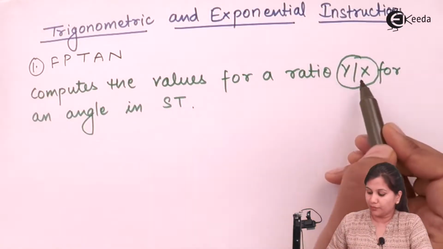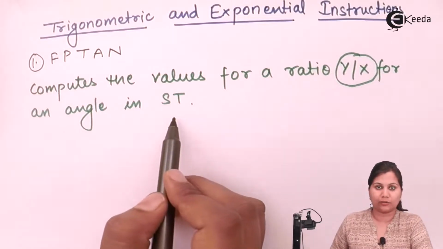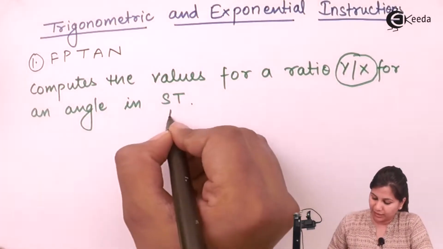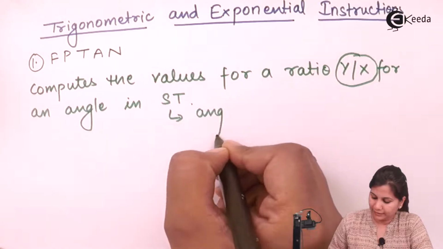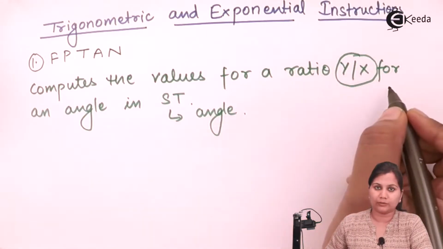This ratio is calculated for an angle in ST. So in ST we have the value of the angle, and for that angle the ratio y by x is calculated.